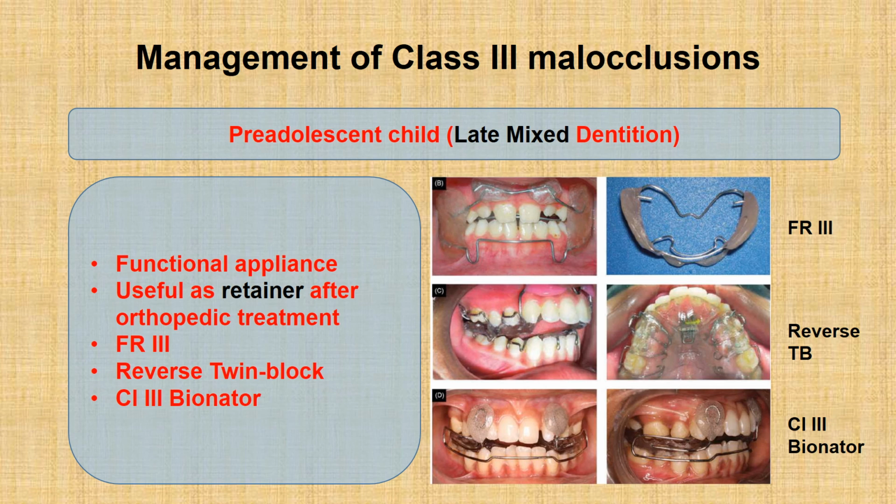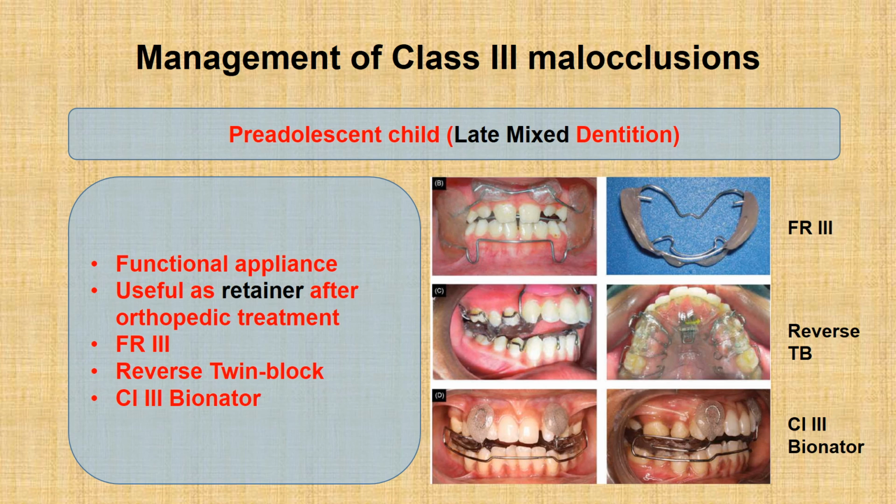Now, in the late mixed dentition, a functional appliance can be used to correct the class 3 skeletal relationship, and these functional appliances can also be used as a retainer after the orthopedic treatment, since retention has to be carried out until growth has ceased.